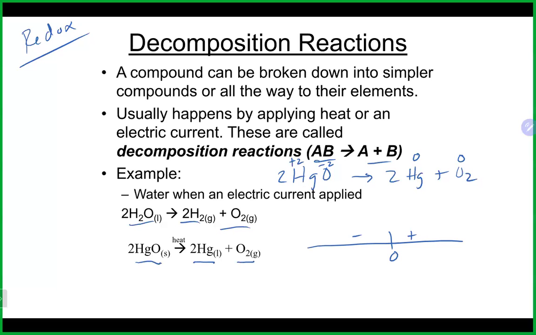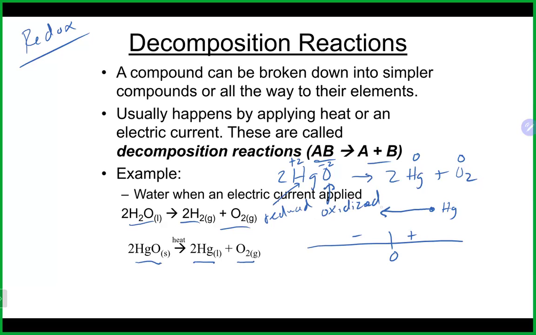Let's take a look at the Hg first. Hg on the left is +2, and on the right-hand side, it is 0, which means it is moving in the more negative direction. So in this case, the Hg is actually being reduced, which by default means the oxygen here is being oxidized.